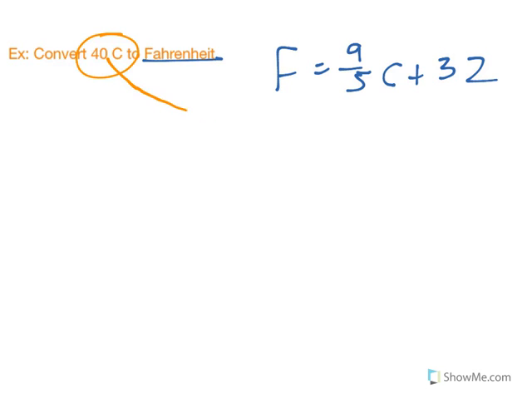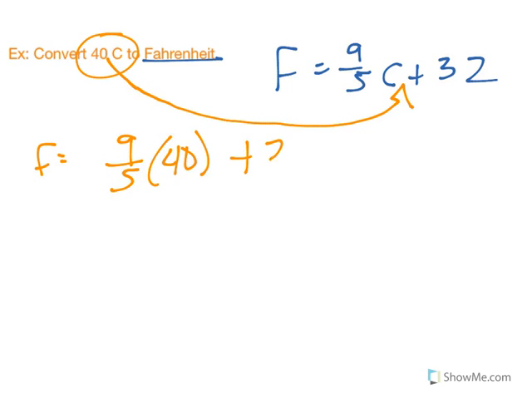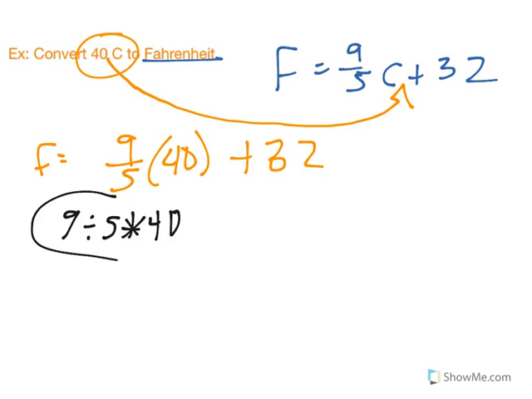40 degrees Celsius plugs in for C. So I have F equals 9/5 times 40 plus 32. If you remember order of operations, adding and subtracting is done at the very, very end. So you take 9 divided by 5 times 40 first.